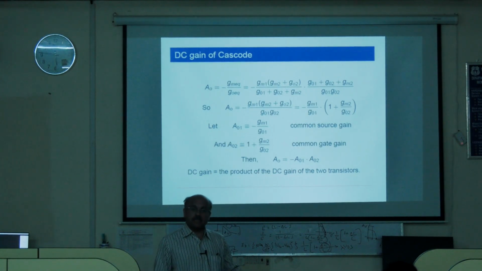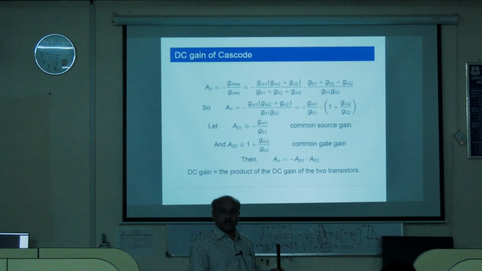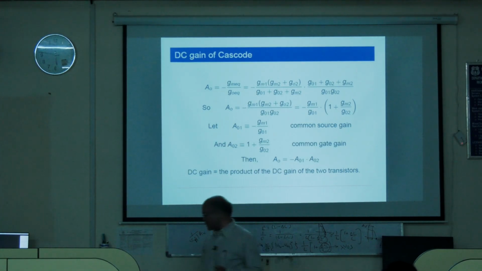So see that in the cascode, the gain is improved by leaps and bounds. gm R naught square, so a huge improvement in the gain, right? This is the DC gain, a huge improvement, because we have not yet considered the capacitances, right?